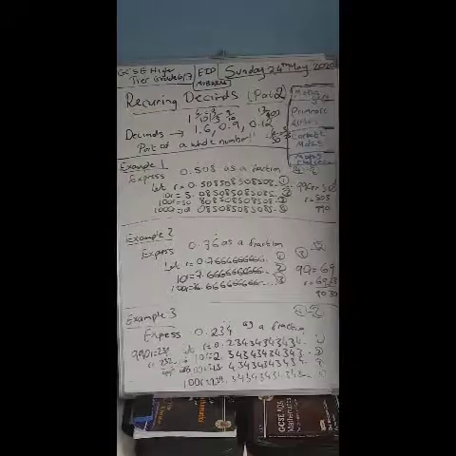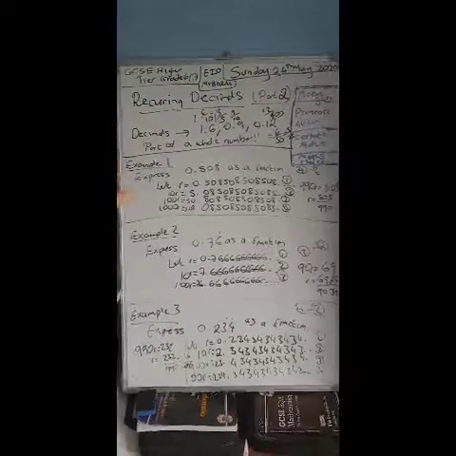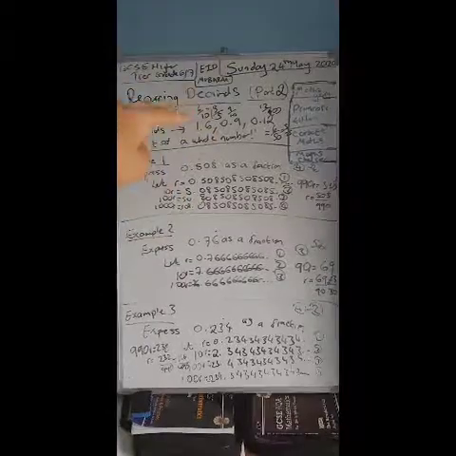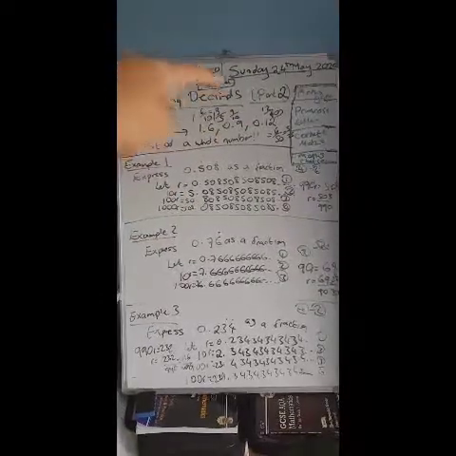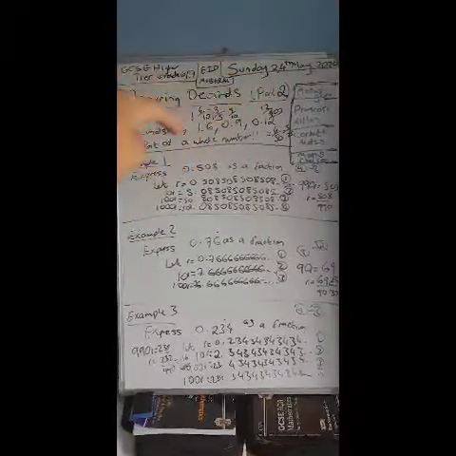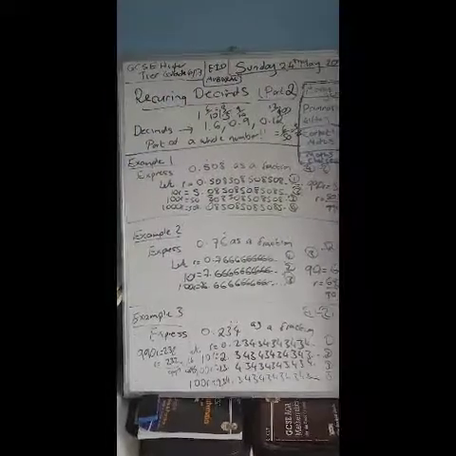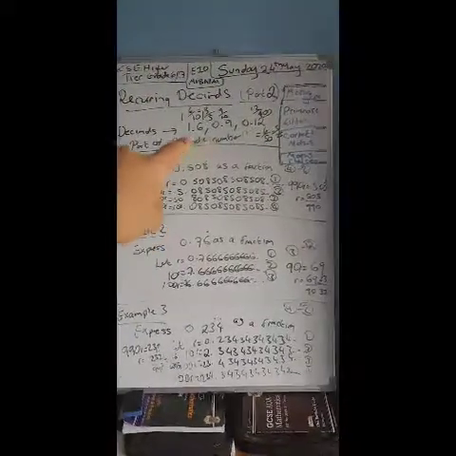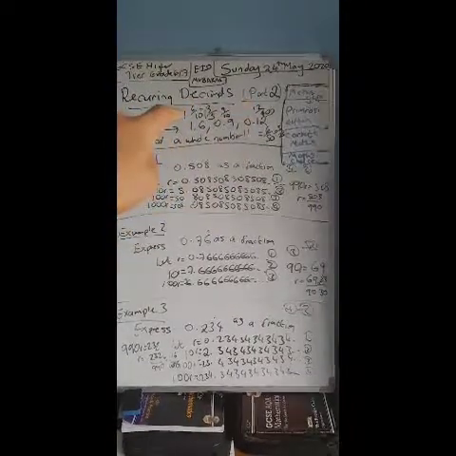Right guys, so these are what I call decimals, so it's part of a whole number. All these decimals can be expressed as fractions in their lowest terms. Every decimal, whether it's a terminating decimal, i.e. a finite decimal, or a recurring decimal, can be expressed as a fraction.